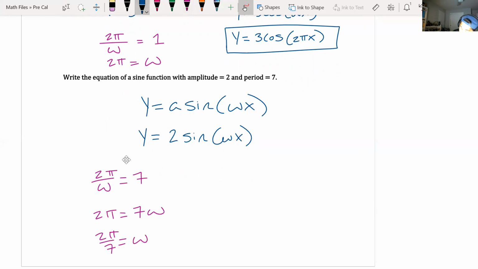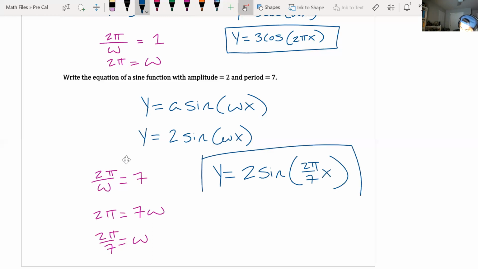There we go. And we get y equals 2 sine times 2 pi over 7 x. There it is, y'all.